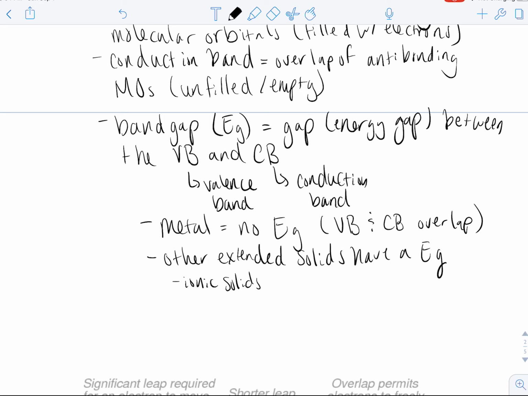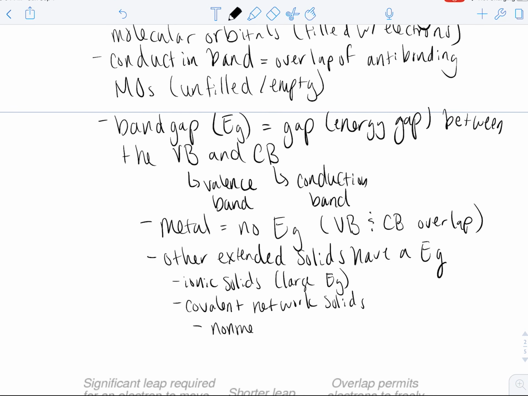They generally have a large band gap. And then we have covalent network solids. And within our covalent network solids, we have non-metal covalent network solids. These are going to have a large band gap as well. And then we have our metalloid covalent solids, and these are going to have a smaller band gap.